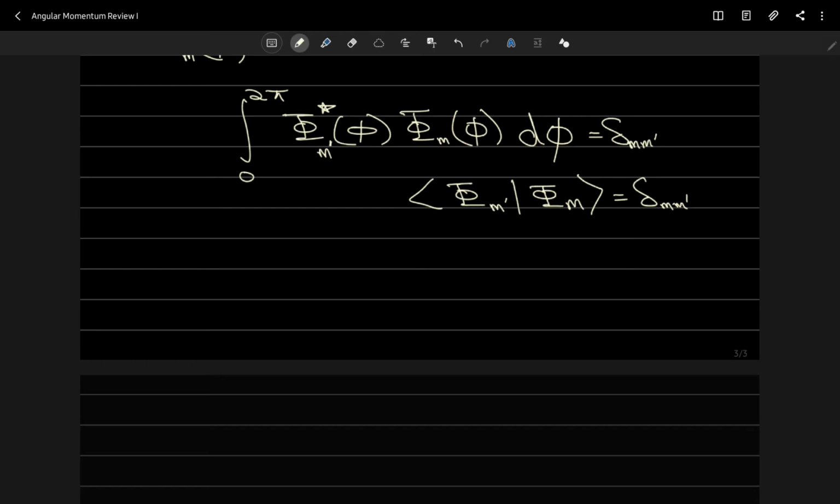Now the simultaneous eigenfunctions of L squared and Lz are called spherical harmonics.